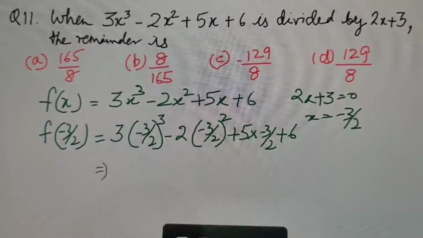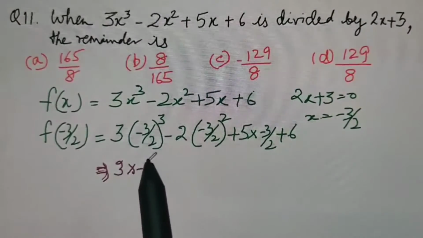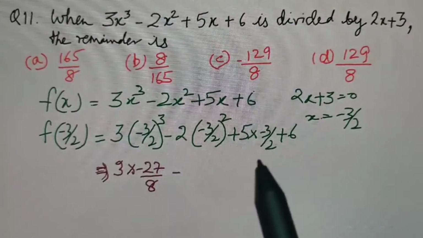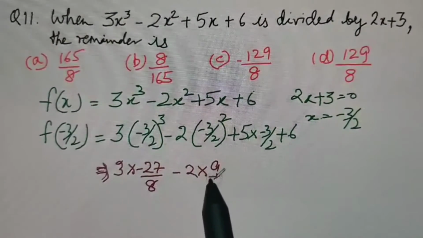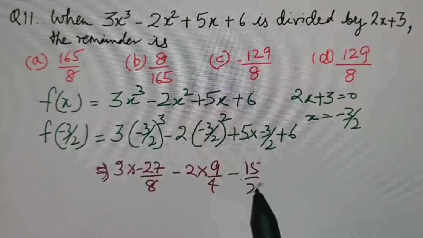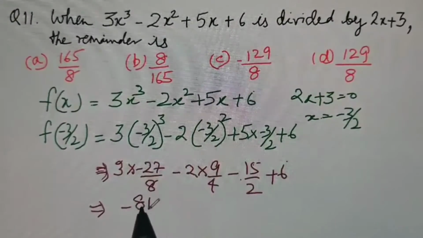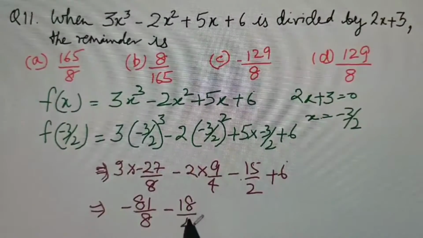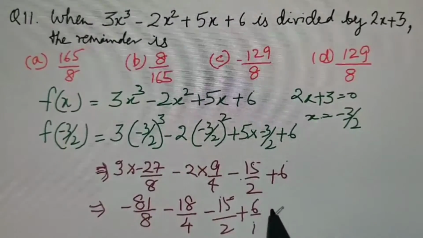Now here I am going to get 3 into minus 27 upon 8, and here I'm going to get minus 2 into 9 upon 4, and this will become minus 15 upon 2 plus 6. So I'm going to get minus 81 upon 8 minus 18 upon 4, minus 15 upon 2 and plus 6 upon 1.